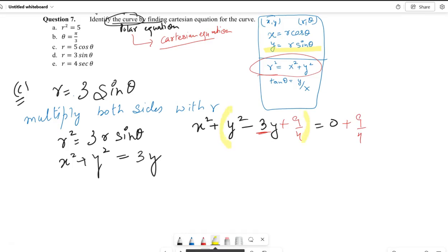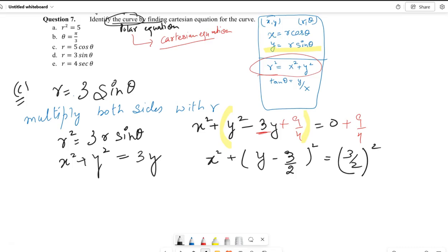We can collect all these terms to say this looks like x square plus this whole part is y minus 3 by 2 whole square, equal to, this is 9 by 4, 3 by 2 whole square.